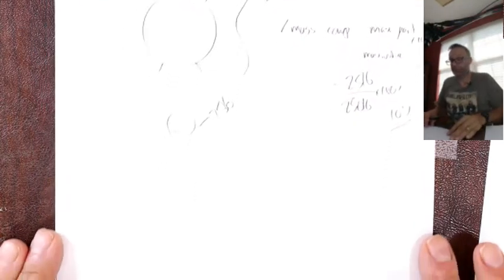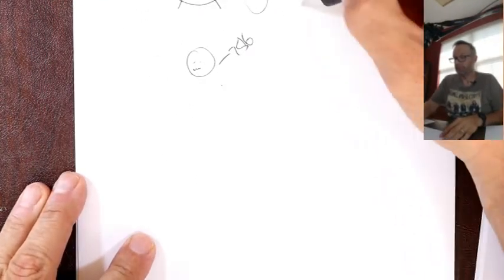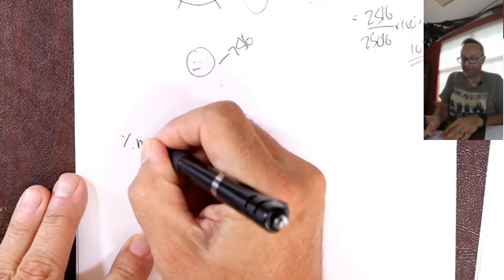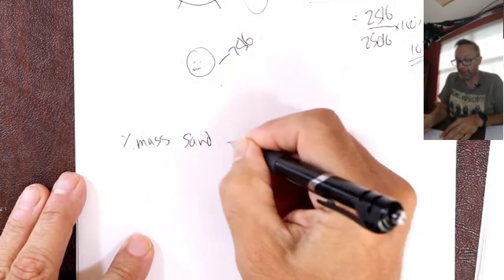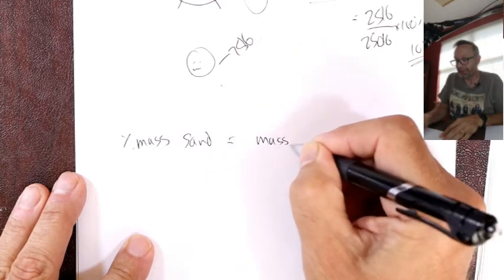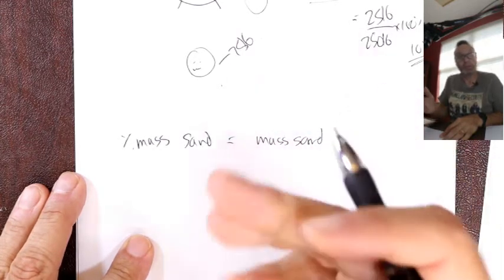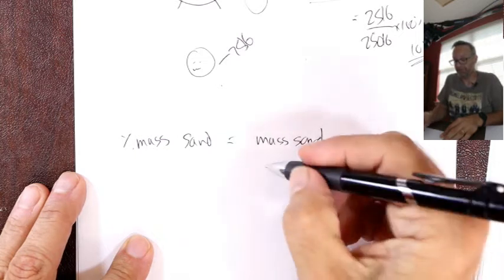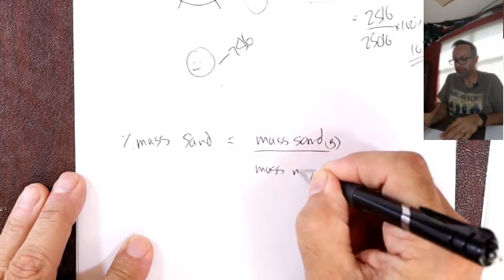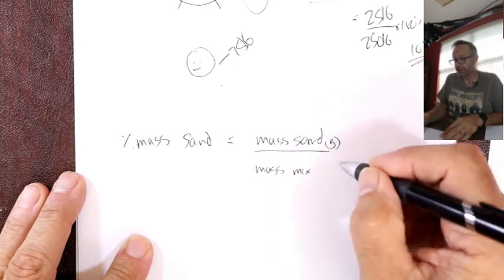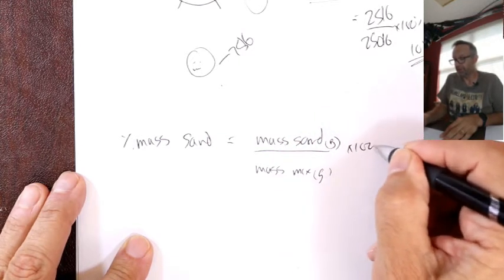So if I do a simple formula, there it is: percent mass, let's just say sand for your mixture, equals the mass of the sand, what you got when you dried it, that's usually in grams, over the mass of the mixture in grams, times 100 for a percent.